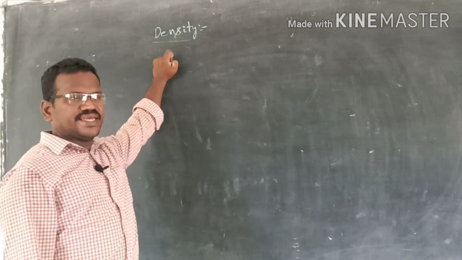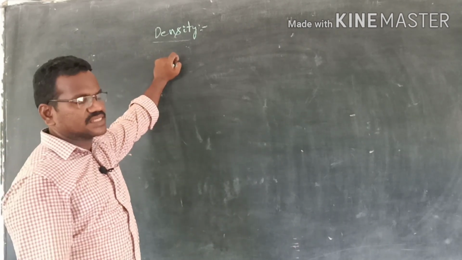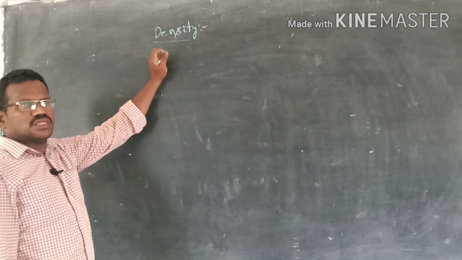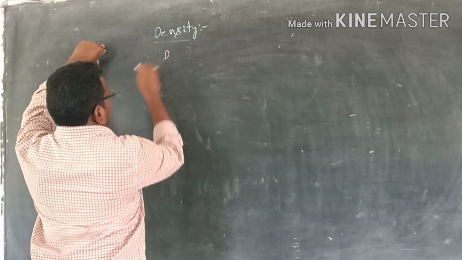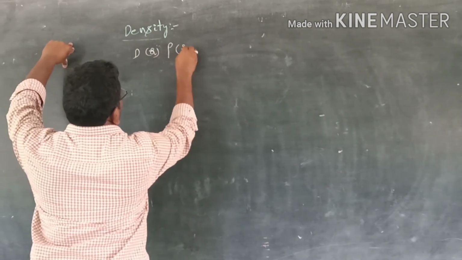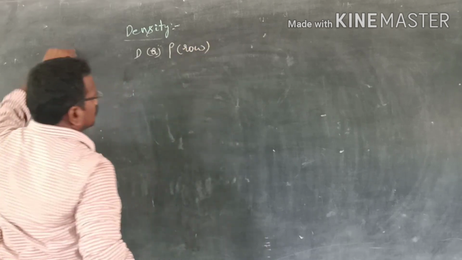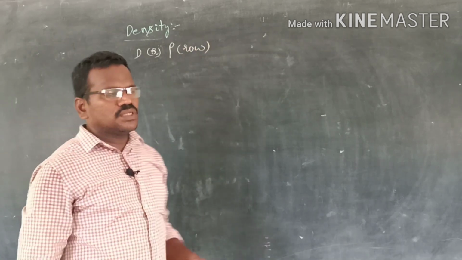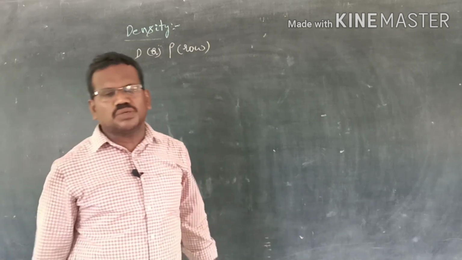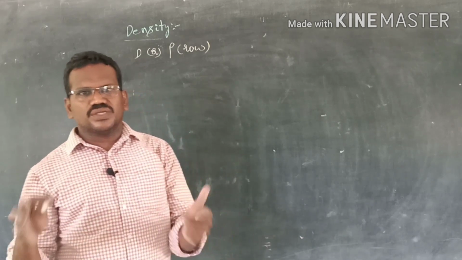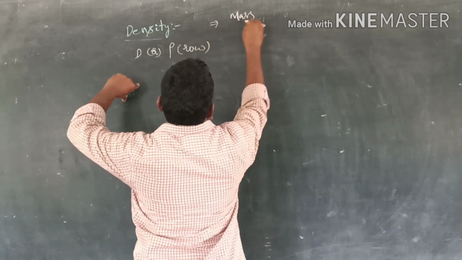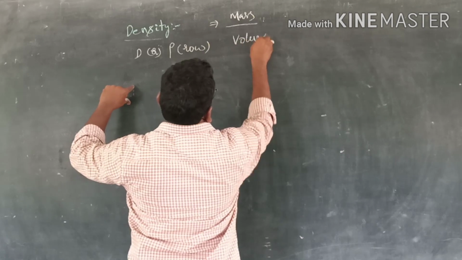After area and volume, the next derived quantity is density. We already know that density may be represented by either D or rho. The symbol is called rho. Now what is the definition of density? Density is defined as mass per unit volume, that is equal to mass by volume.